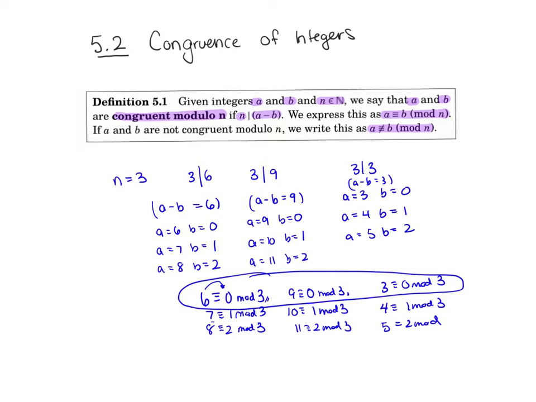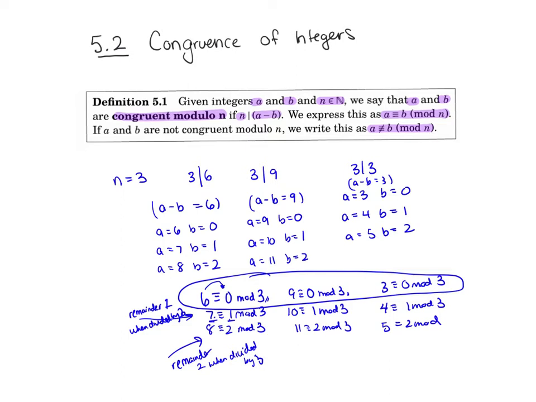And then 7 is congruent to 1 mod 3, because 7 minus 1 is divisible by 3. So these are the ones that have remainder 1 when divided by 3. And these are the ones that have remainder 2 when divided by 3.